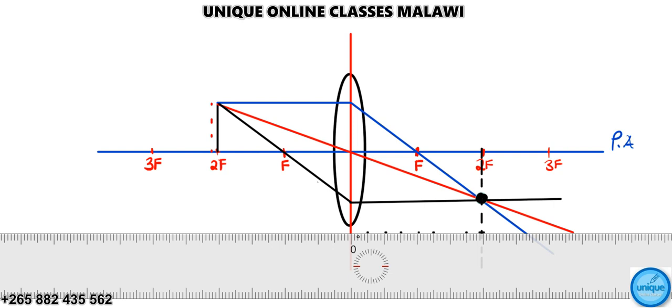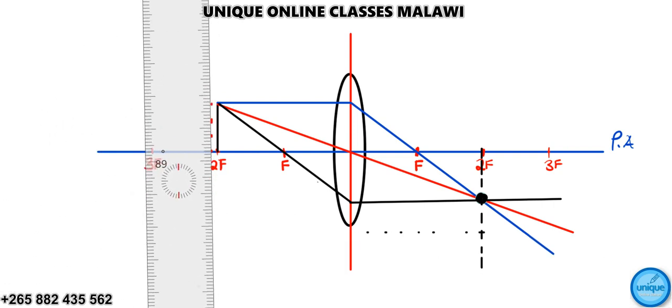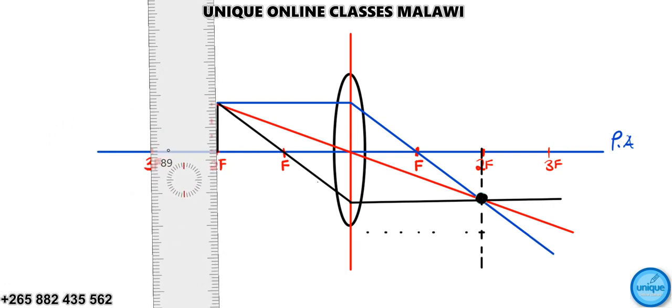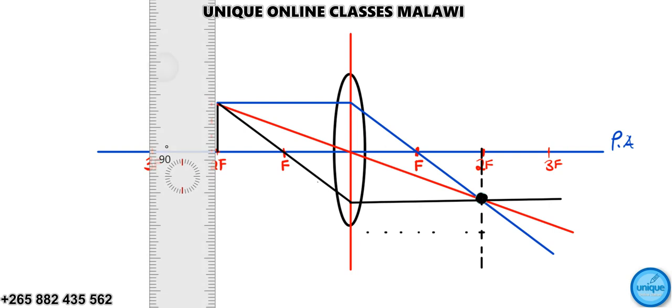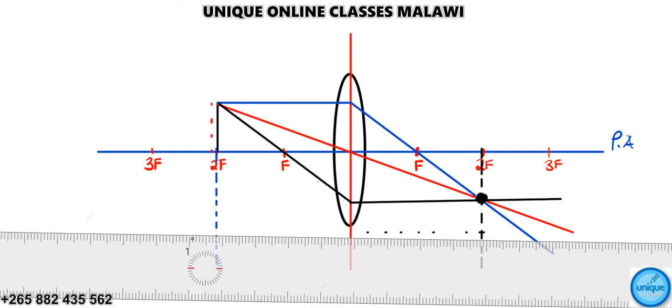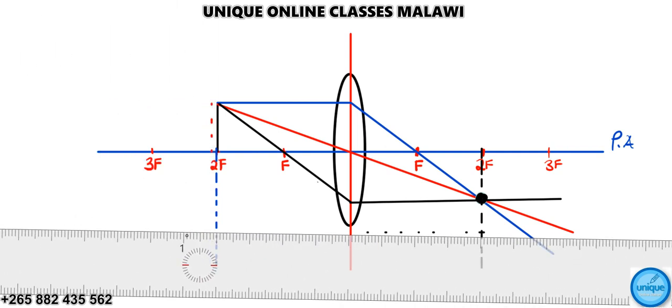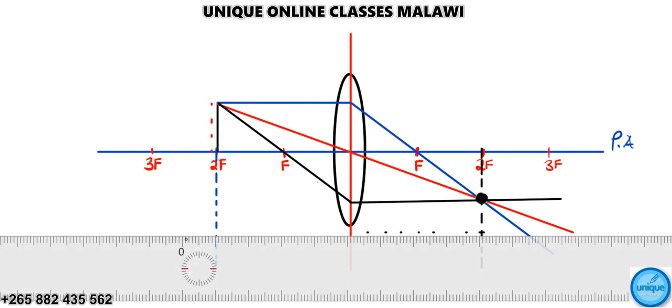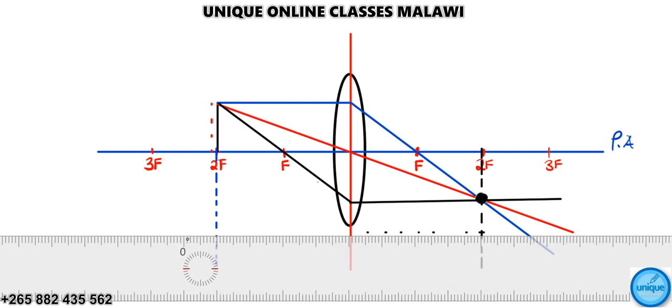Yeah, that's 8. What about this side? This side as well, 8. If we count, we have 1, 2, 3, 4, 5, 6, 7, 8. This line here is our object distance.